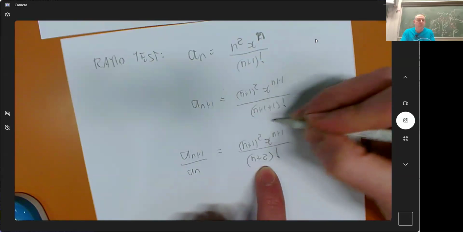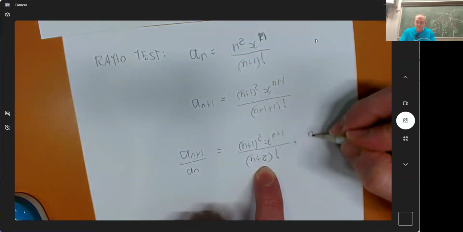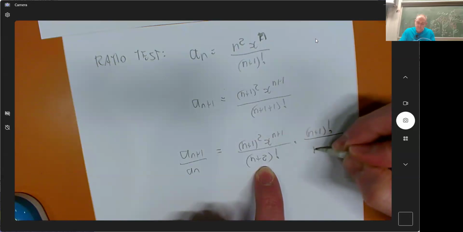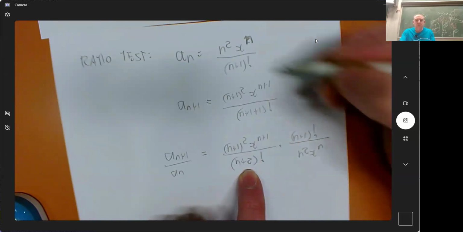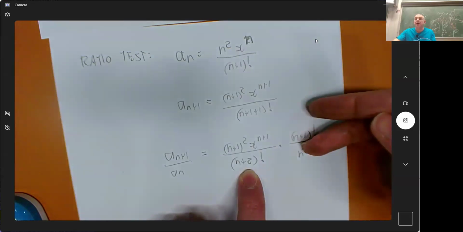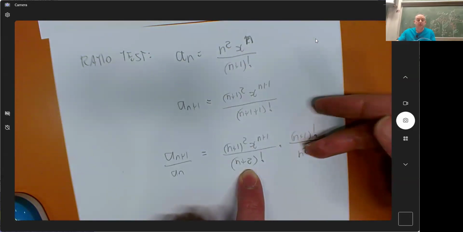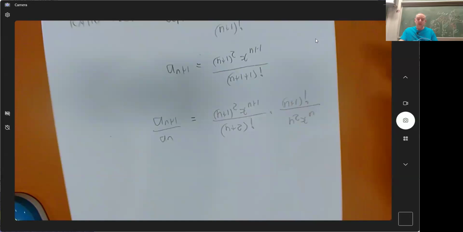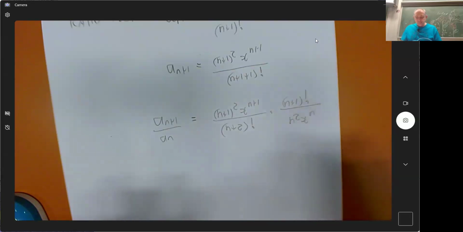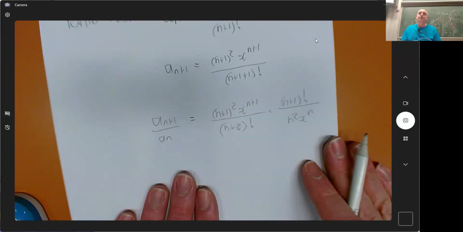I've just taken the n plus 1 and replaced it with an n plus 2 where needed. And when I divide by a_n, that's the same as flipping it over and multiplying instead, because that's how fractions work. And then what I need to do is figure out the limit of this.